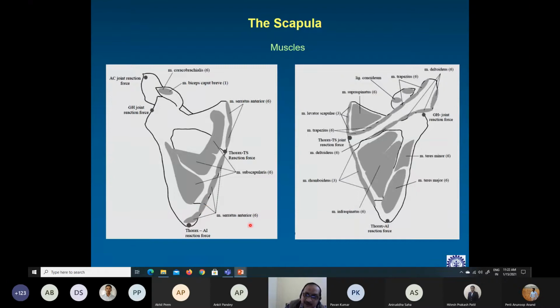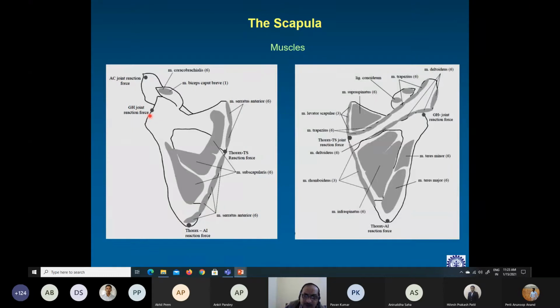So muscle serratus anterior, as you can see, is all along the medial border. This is the medial side of the scapula. This is the lateral side of the scapula. On the lateral side, we have the glenohumeral joint, where there is a very large reaction force.